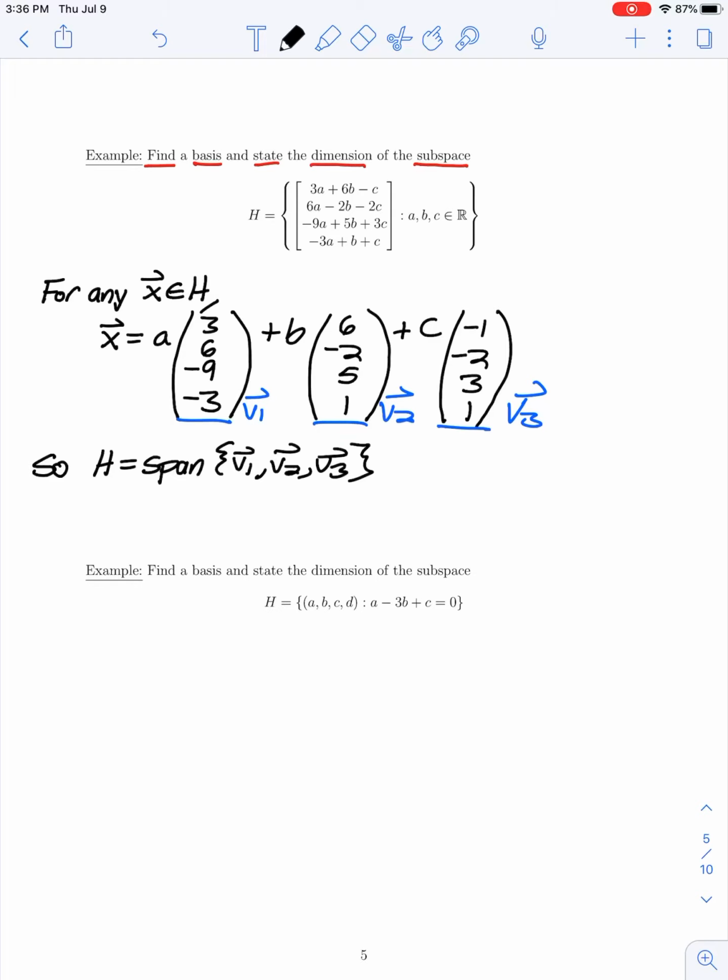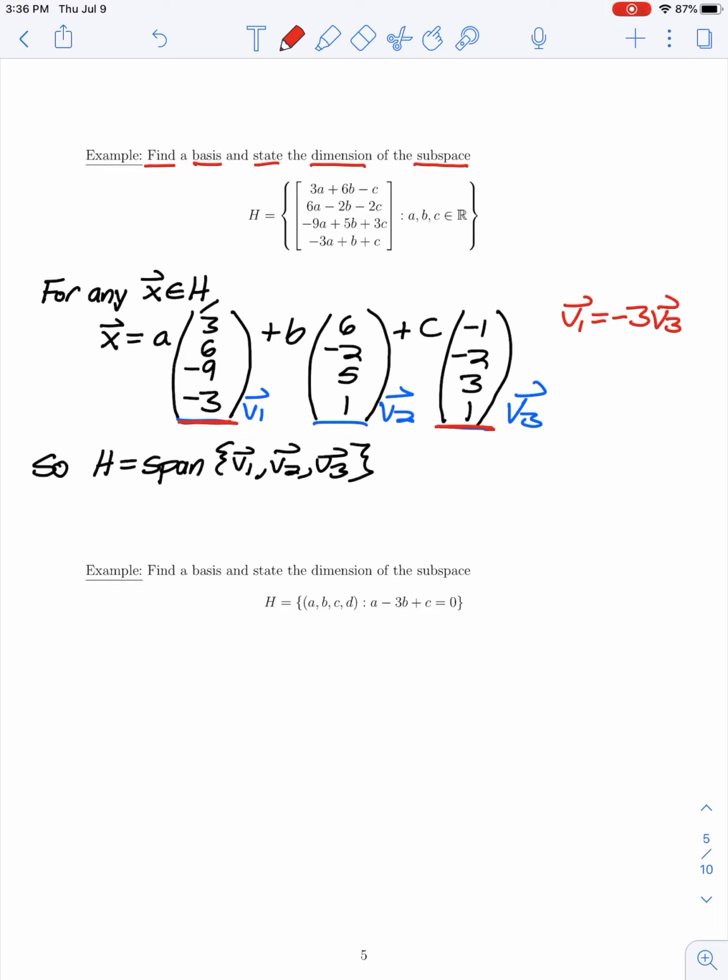However, in this example, notice that the vectors V1 and V3 are scalar multiples of each other. In fact, V1 is equal to -3 times V3.